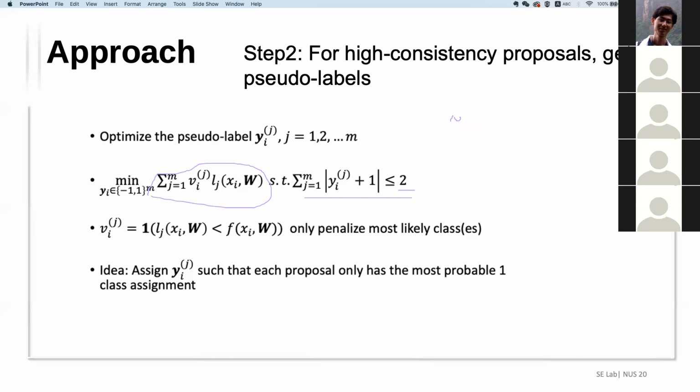So you can only have one yij equal to 1. Okay, so overall, the idea is that we assign labels to those confident proposals. Yeah, that's the overall idea.